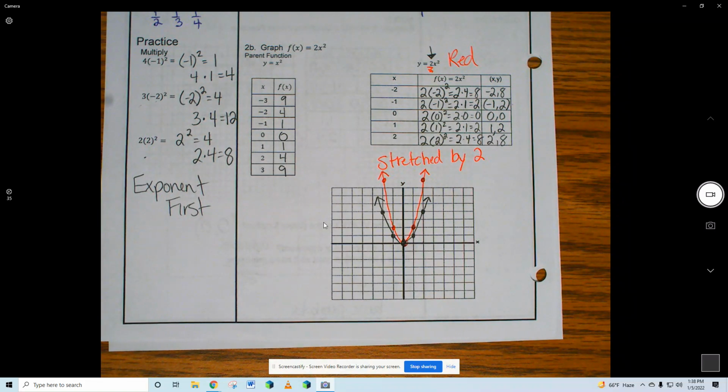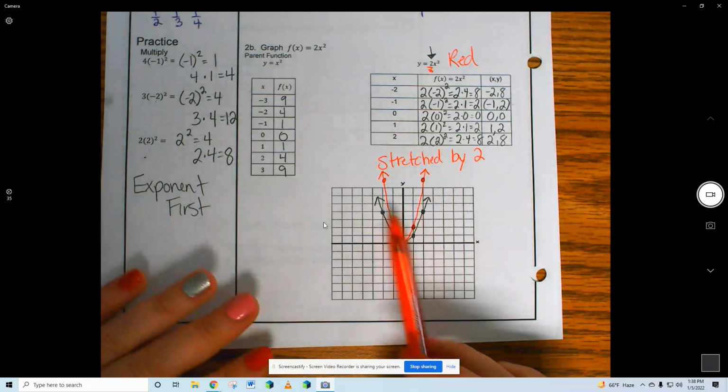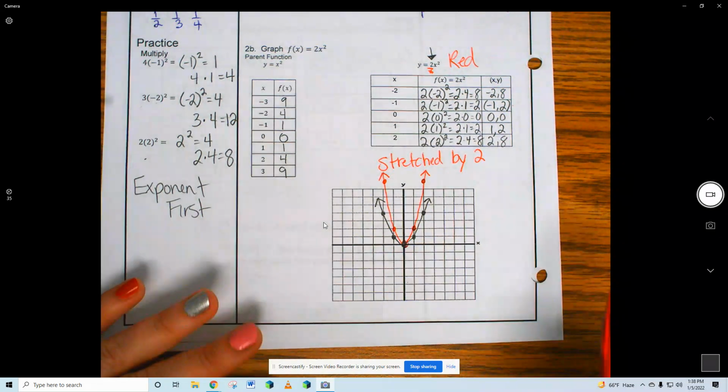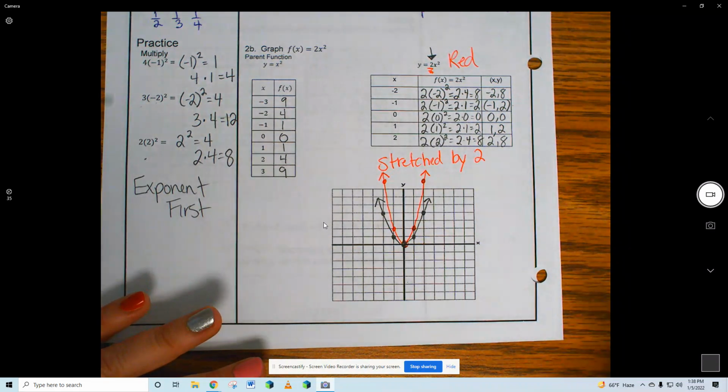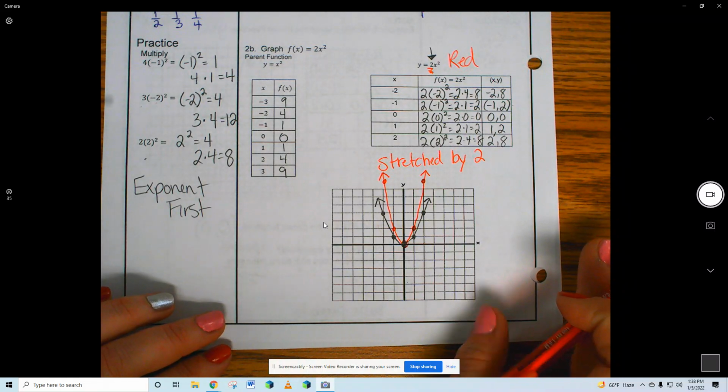That's called a stretch by 2. So on your homework, every question, I want the parent function, the pencil, and then the new one. Okay.